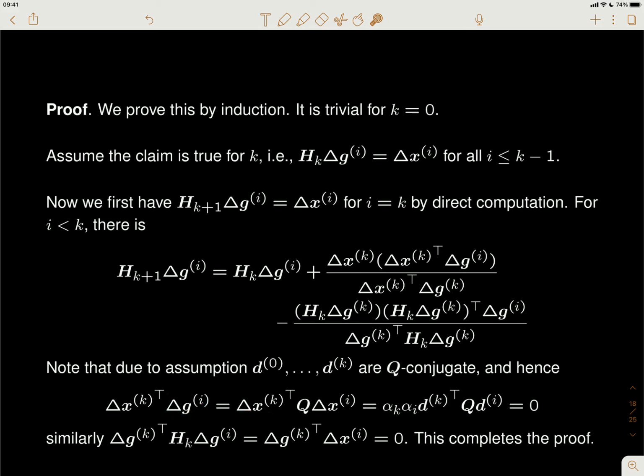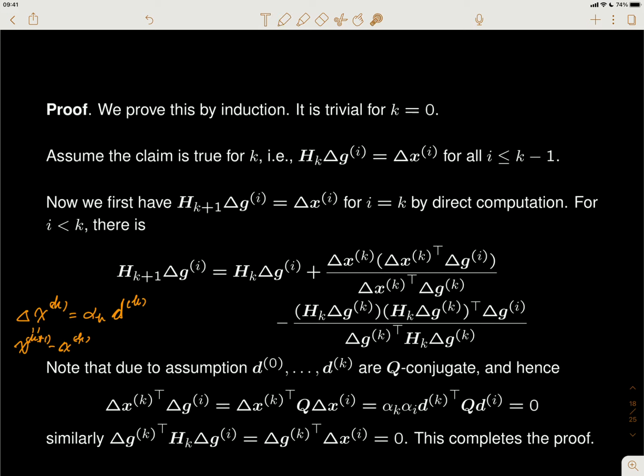And recall that delta x_k is equal to alpha_k d_k, because this left-hand side is just x_{k+1} minus x_k.